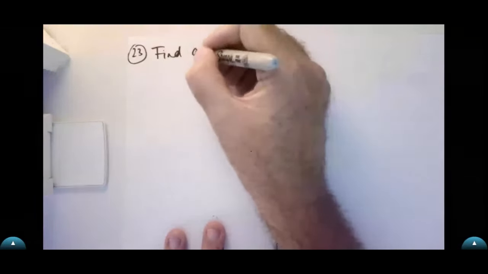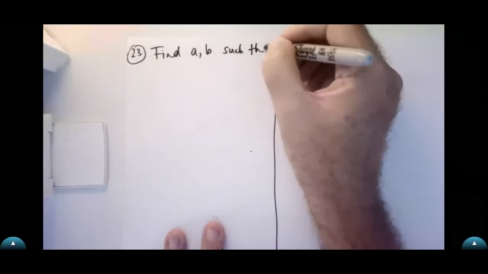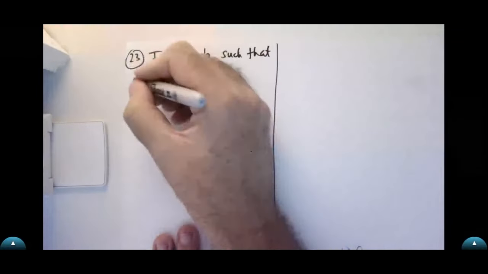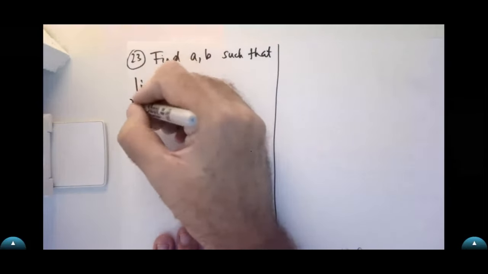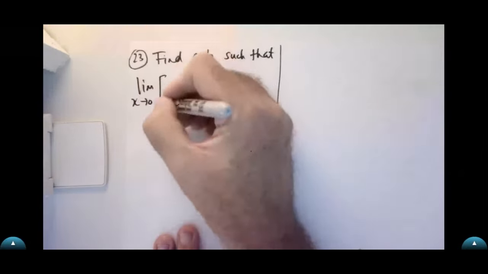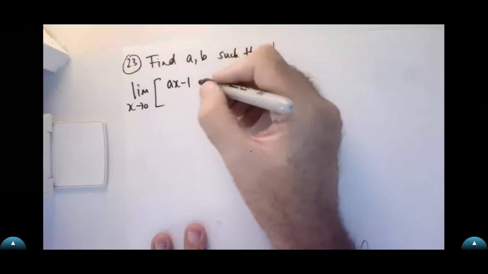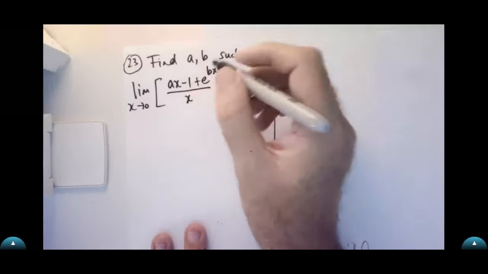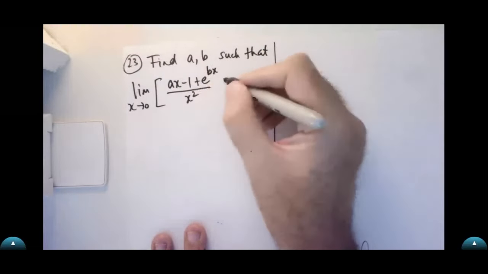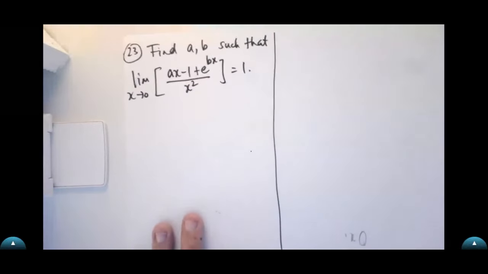So we want to find numbers A and B such that the limit as x approaches 0 of this function over x squared equals 1.